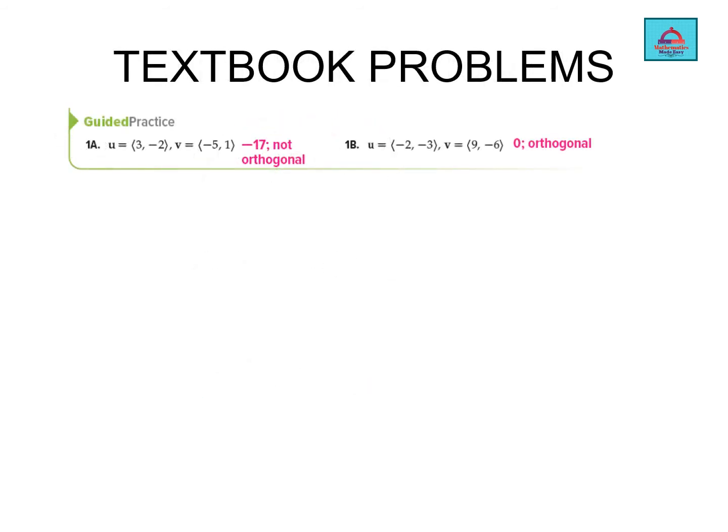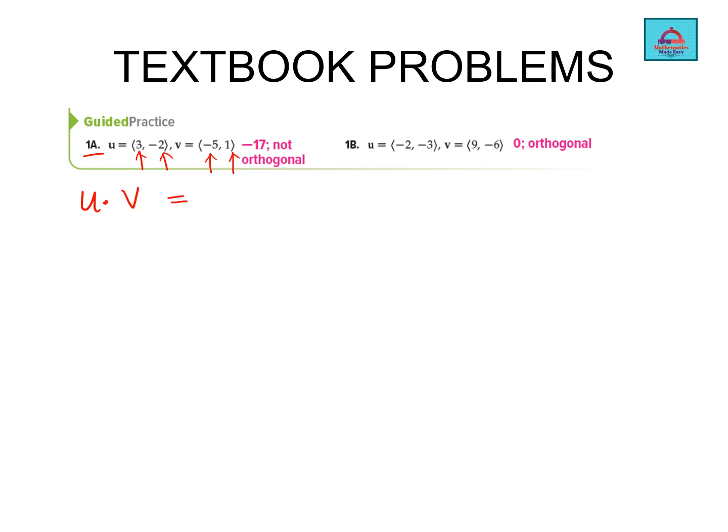So let's take a textbook example. Here you are given two vectors. I am taking it from your math book, Guided Practice 1A. So two vectors: first with x component 3, y component minus 2, second vector with x component minus 5, y component 1. You have to first find the dot product and then check whether these vectors are orthogonal or not. So let's find the dot product, u dot v.